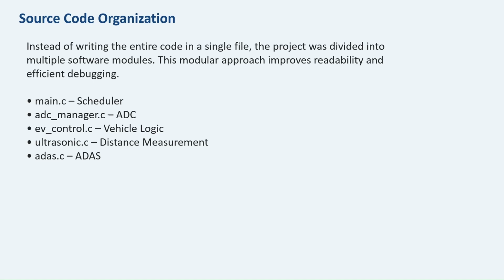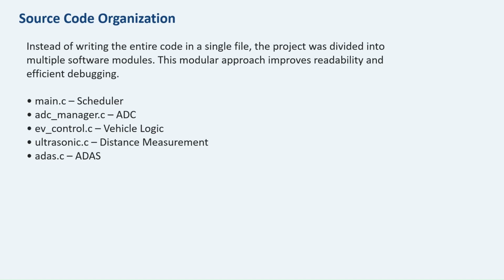Then EV control, where we calculate the speed, torque, battery SOC, driving mode, range estimation, motor temperature, and all those things. It also implements regenerative braking, that is, the battery will increase slightly during braking.